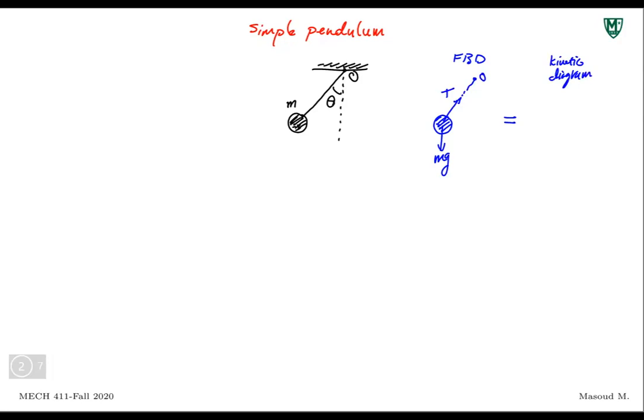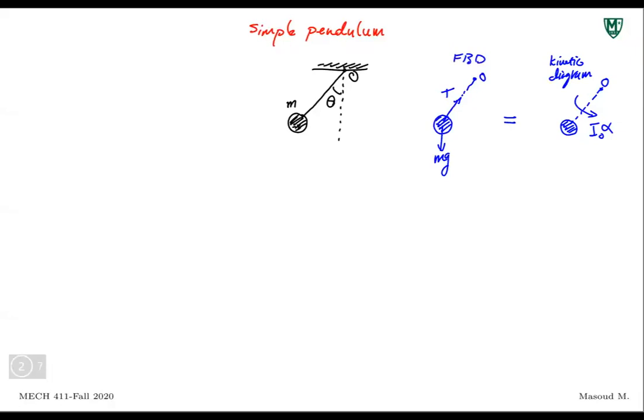right? The diagram that we use to represent the components of acceleration. So for this, one way to do it is that I can consider this swinging mass as pretty much a rotating object around a fixed point. And if I do that, that would be I_O alpha. You can look at it a different way, but the way I look at it is just an object rotating around a fixed point, if you remember from dynamics.